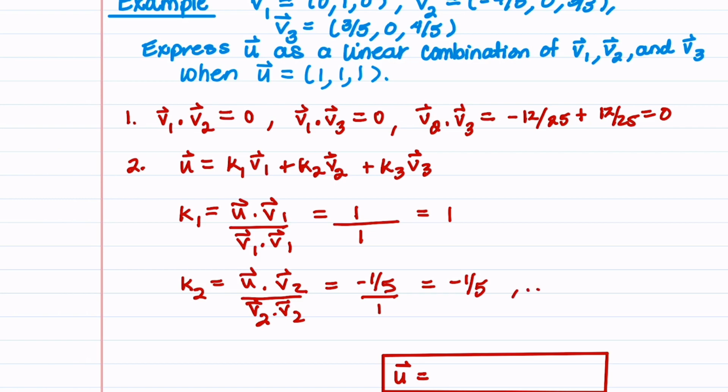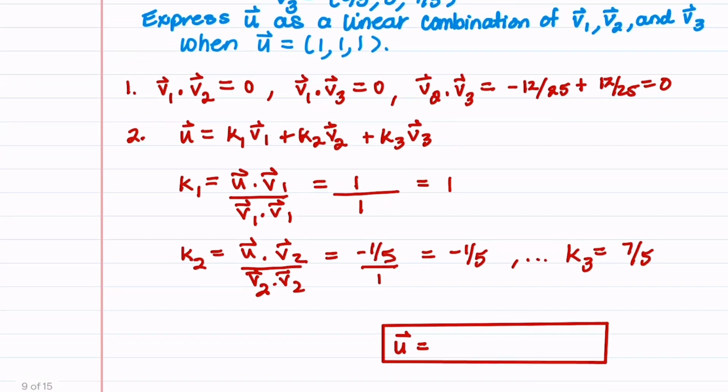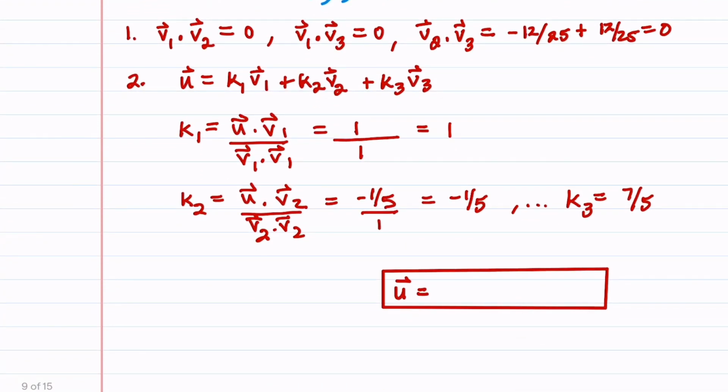And then we continue that same process, and we find that k3 is equal to 7/5. Our vector u then can be written as 1 times v1, so v1, minus 1/5 v2 plus 7/5 v3.